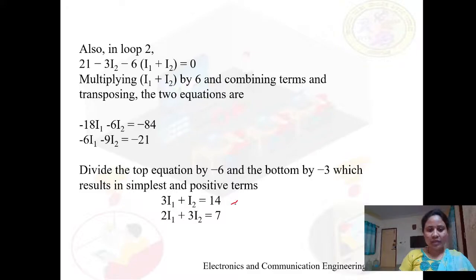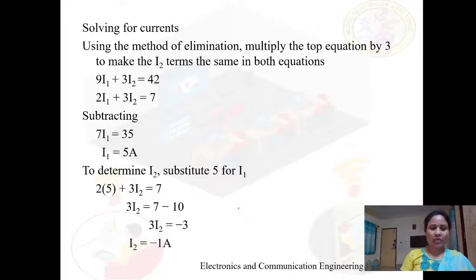So multiply this equation with 3. So it becomes 9I1 plus 3I2 is equal to 14 into 3, that is 42. So here it becomes in this way.